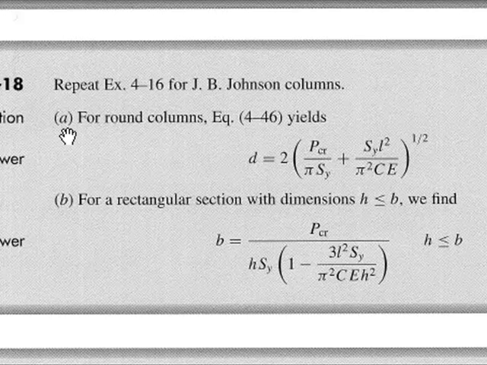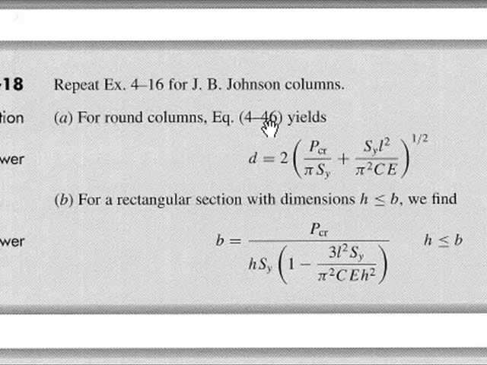So 4-18, for a round section, to write a design equation, we get from earlier in the chapter equation 4-46. Go take a look at that equation. We'll simply take the area term showing up in that equation, and the moment of inertia term, taking into account the relationship between radius of gyration and moment of inertia.